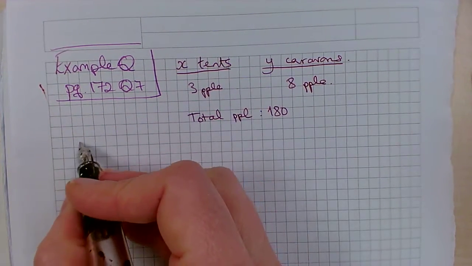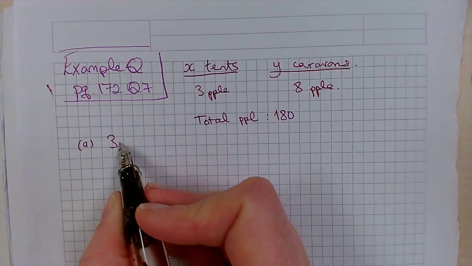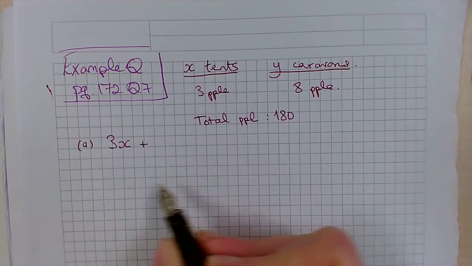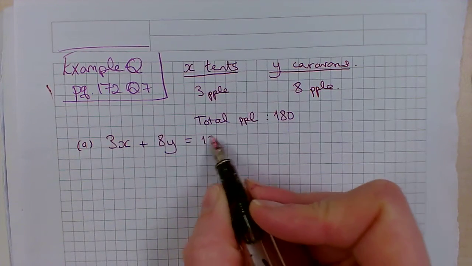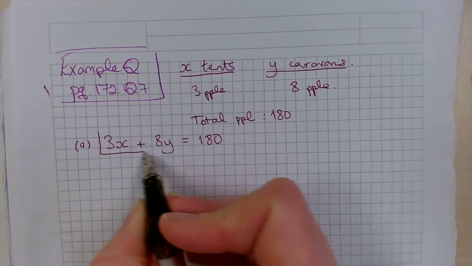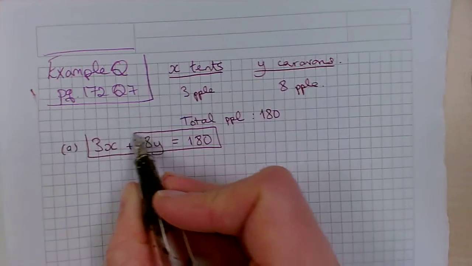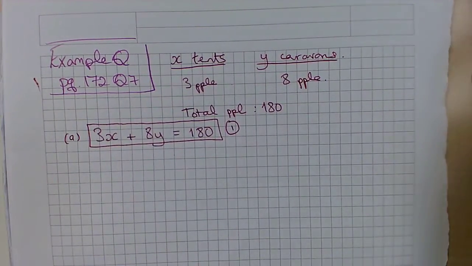So for part A, we can write down that 3 times the number of tents plus 8 times the number of caravans will give us the total number of people. So we can use the total value portion of the information. And that gives us one equation from part A.